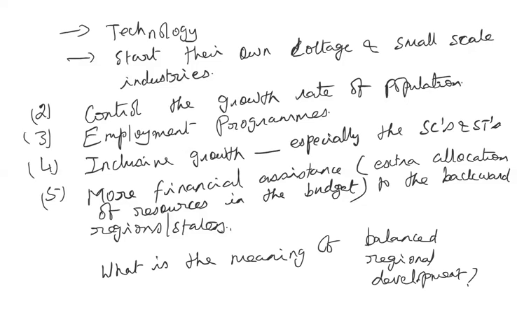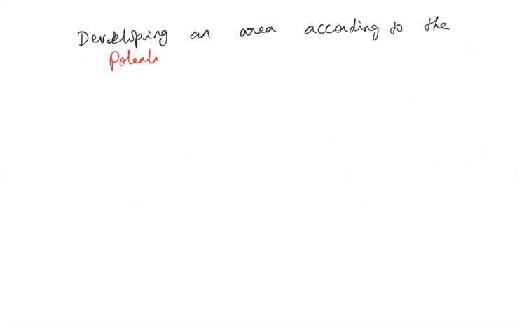So now what is the meaning of balanced regional development? Of course, this is if there is no regional imbalance, balanced regional development. So the meaning of balanced regional development is developing an area according to the potentialities of that area.